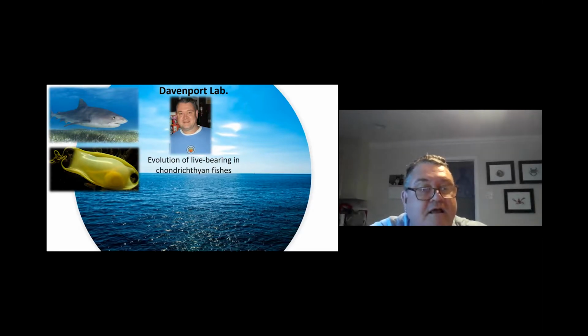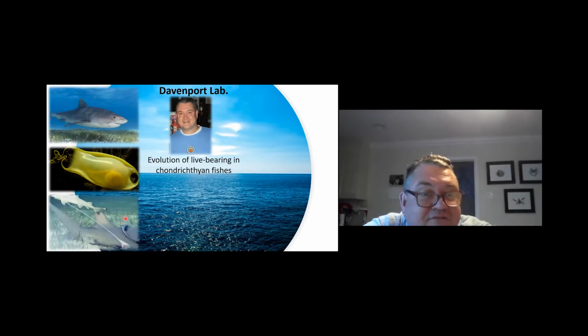And you can actually see the little embryo inside the egg case with the egg. So these are laid outside of the mother and left in the marine environment to develop, which is a pretty harsh place. So they have to hope they survive and hatch and then start contributing to the general population.